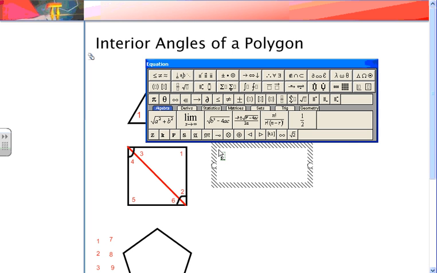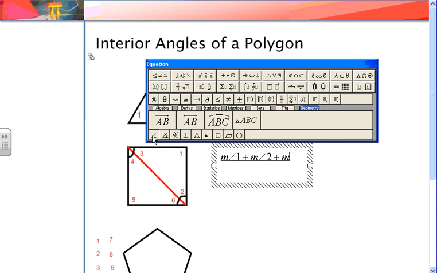So here we see the measure of angle 1 plus the measure of angle 2 plus the measure of angle 3 is equal to 180. The measure of angle 4 plus the measure of angle 5 plus the measure of angle 6 also is equal to 180.